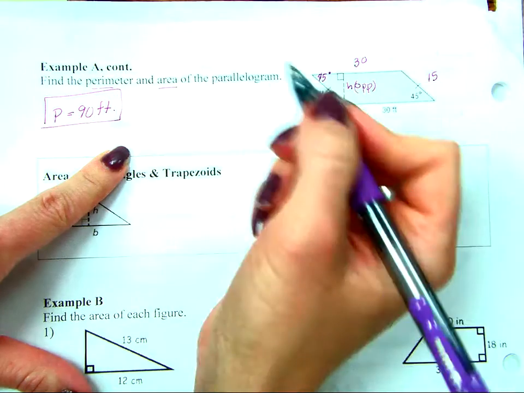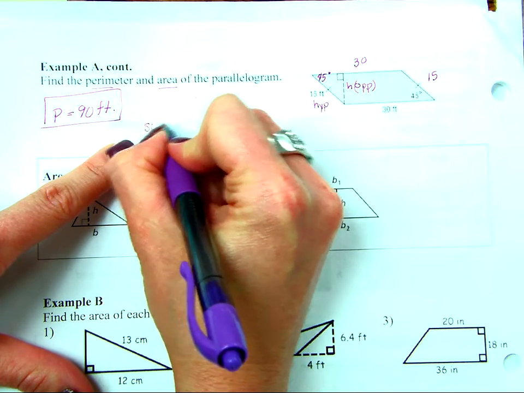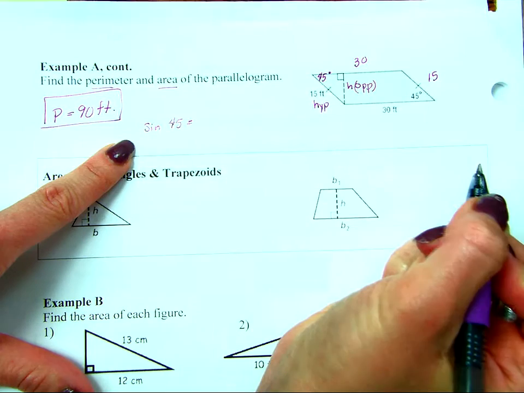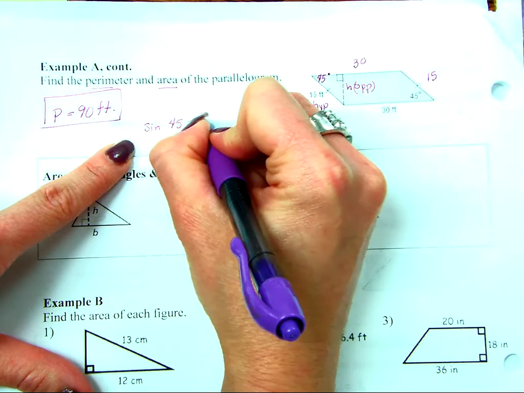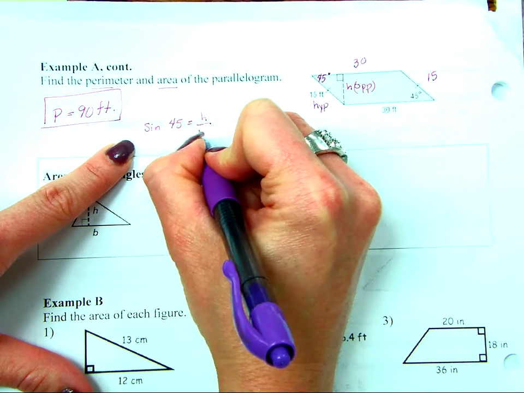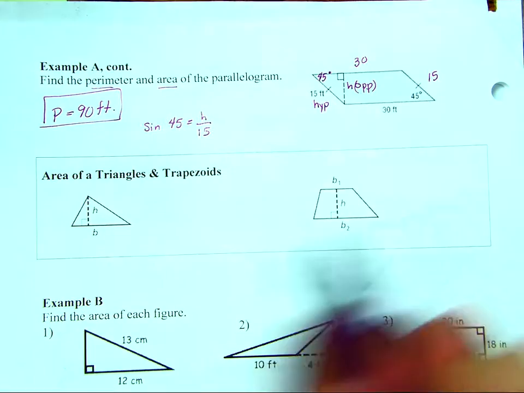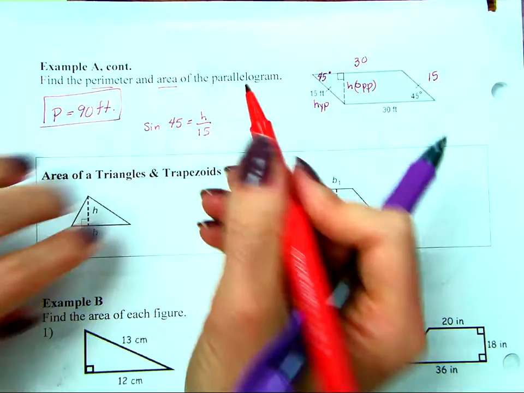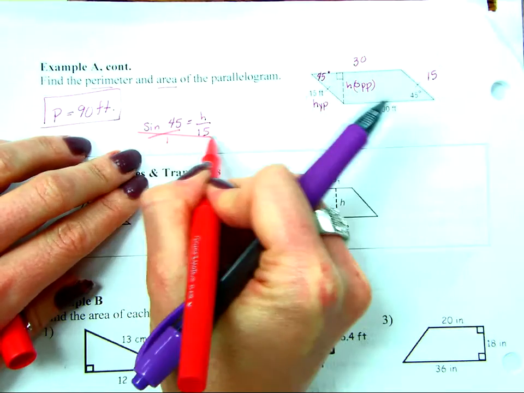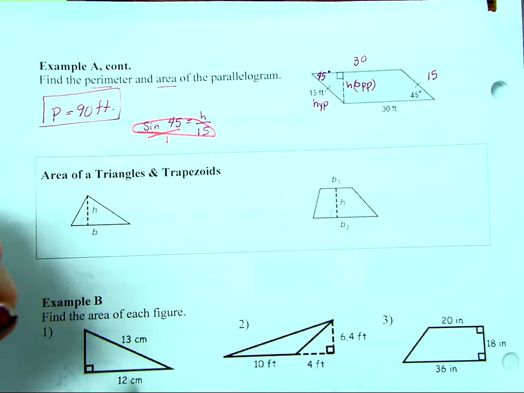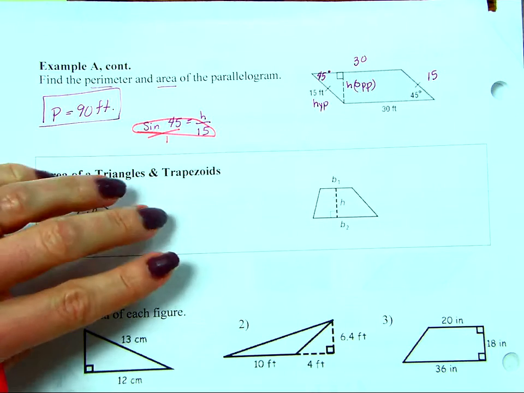So we can go ahead and calculate that by saying the sine of 45 degrees would be opposite over hypotenuse. Looks like we're just going to multiply 15 times the sine of 45.